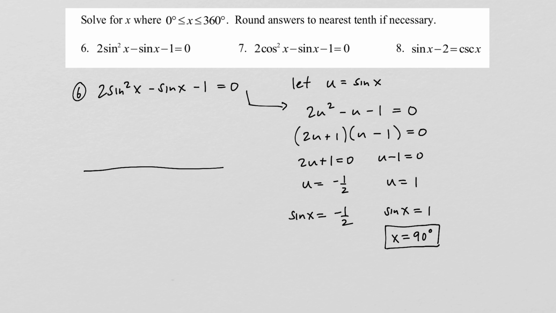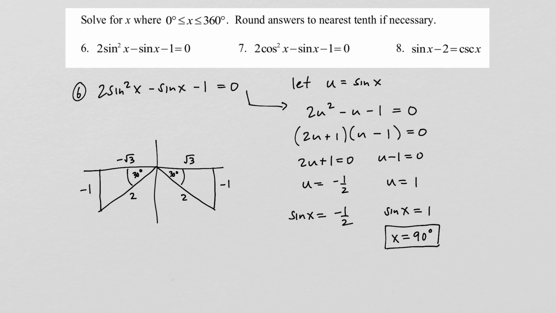For that, I'm going to draw a picture. We know that sine is negative in the third quadrant and also in the fourth quadrant. And if it's -1/2, the triangle would look like this. And this side here would be negative radical 3 and positive radical 3, respectively. And then that means that this angle here would be 30 degrees.